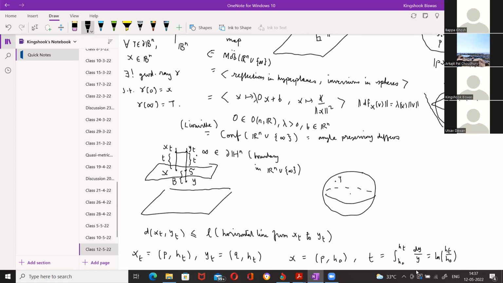I think this is correct. So therefore ht is h naught e to the t.